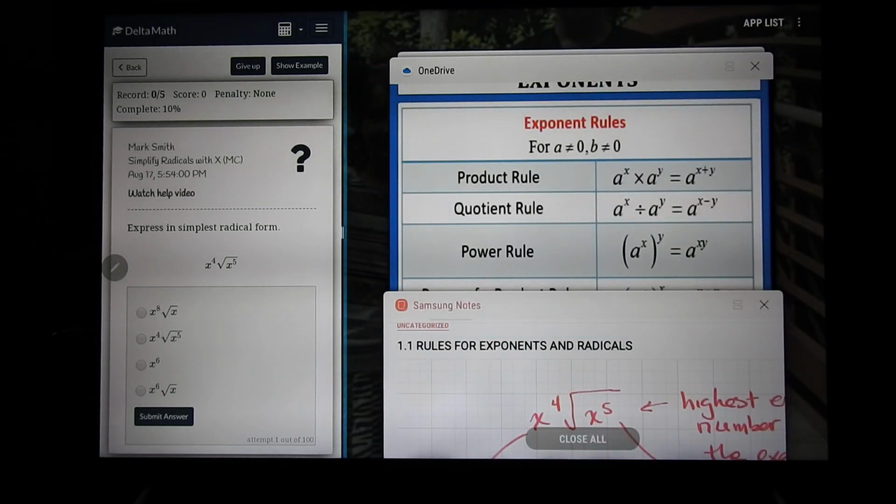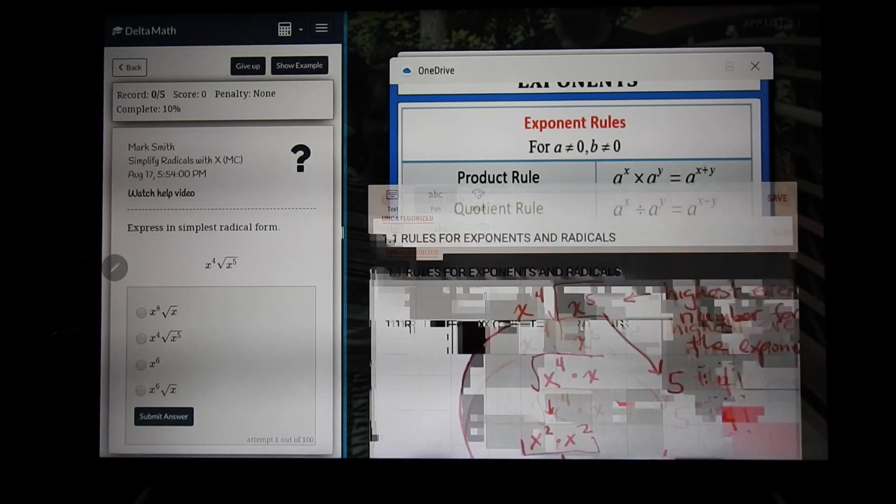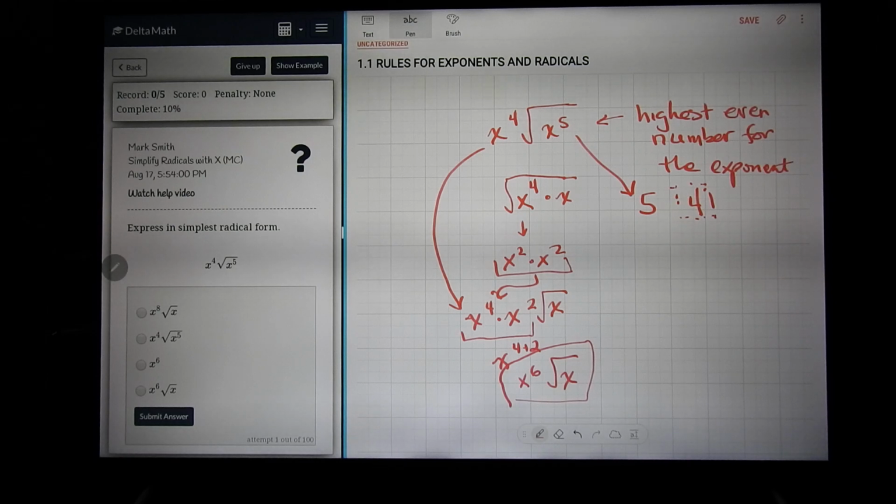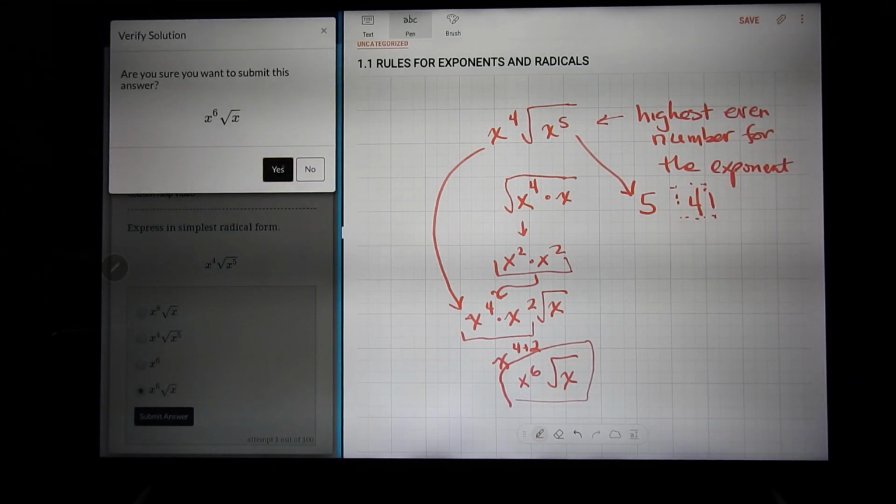The product rule says when you multiply exponents, you add them. So we're going to have x to the 4 plus 2, which is the same as x to the 6th square root of x. Okay, there's our answer. x to the 6th square root of x. Awesome. Submit answer.